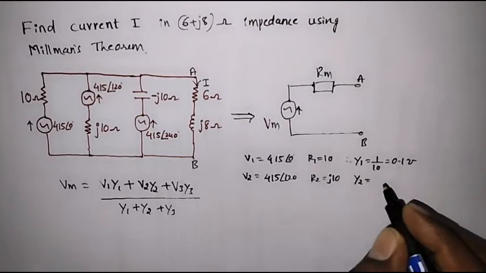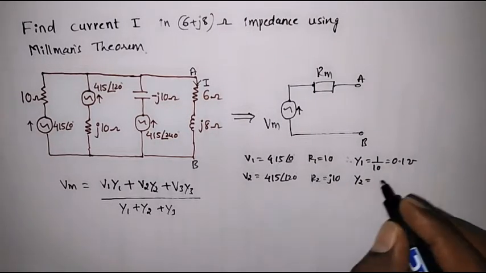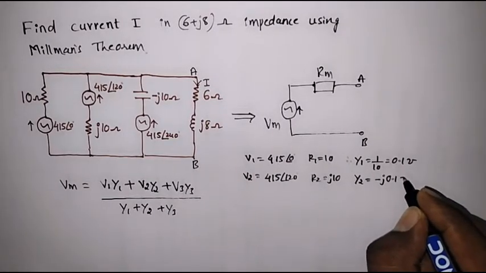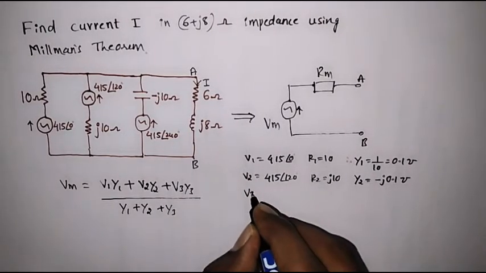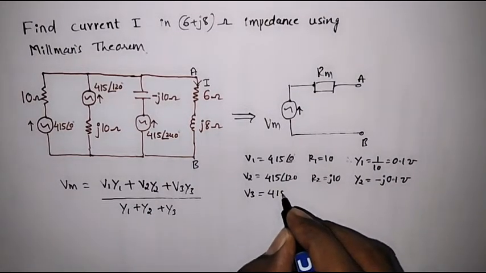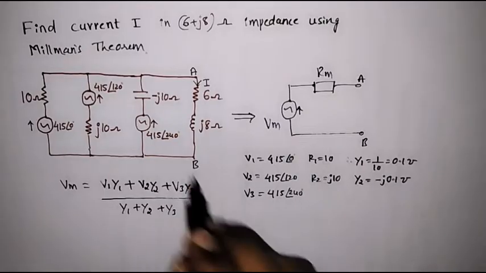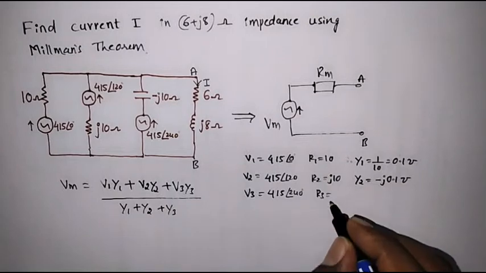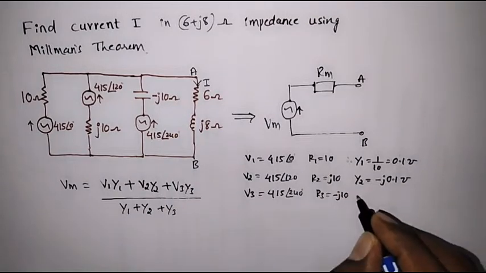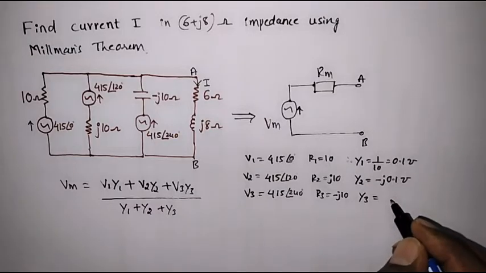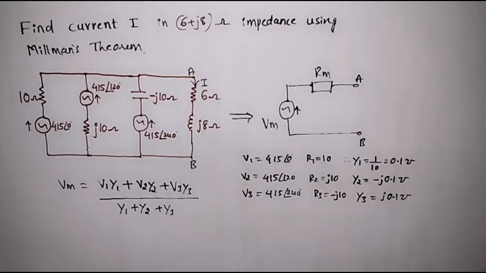So Y2 will be equal to 1 over J10, which is nothing but minus J 0.1 mho. Similarly, V3 is equal to 415 angle 240 degree and R3 or Z3 is minus J10. If we take the reciprocal of this, we will get Y3, that is 1 upon minus J10, which is nothing but J 0.1 mho.